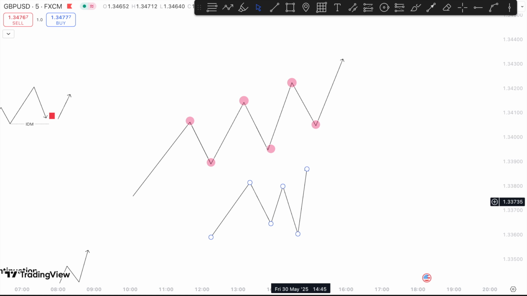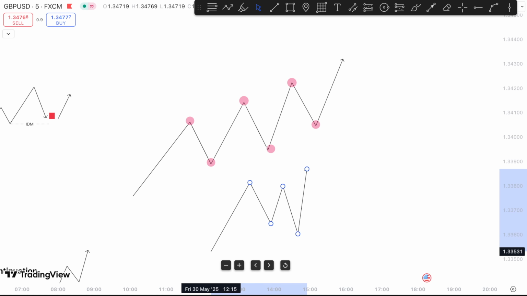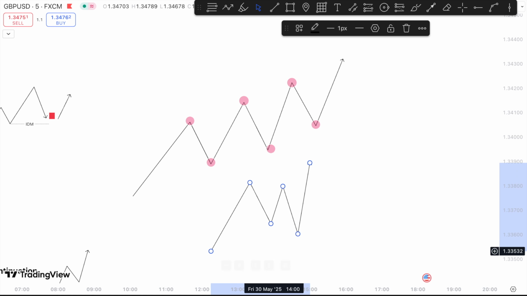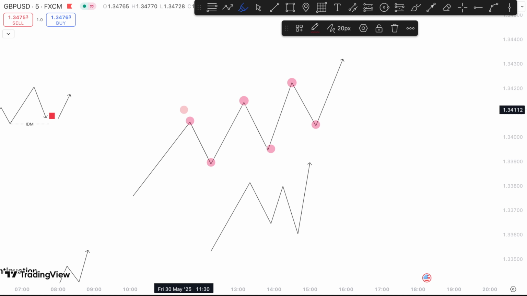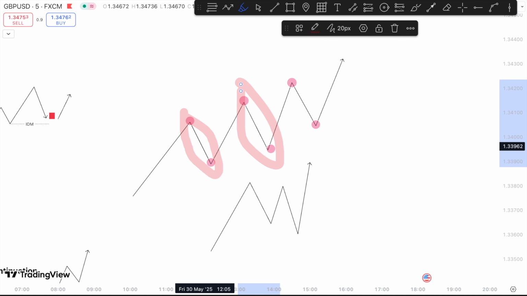Only after that can we confirm our higher high or higher low. Between these two moves, the market has created many liquidity zones. So in a lower time frame, a major high or major low must be taken out for a valid pullback, or valid liquidity, or you can also say liquidity sweep, and that is called your inducement.